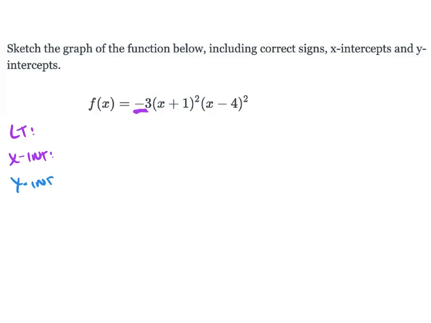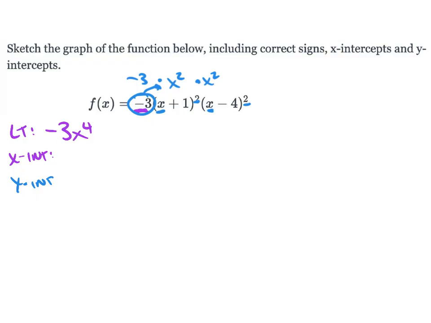So let's start with the leading term. Multiply your x's, but this is squared, so x squared times x squared times negative 3. The leading coefficient gets multiplied in because it distributes to every term. So our leading term is negative 3x to the 4th.